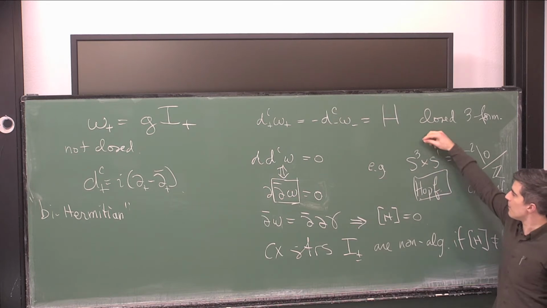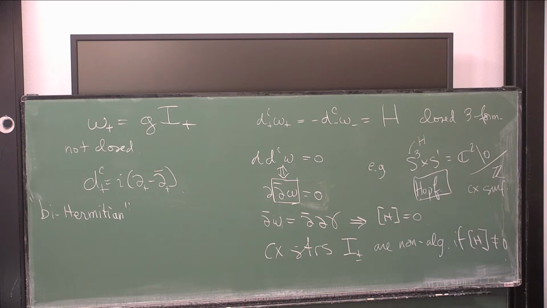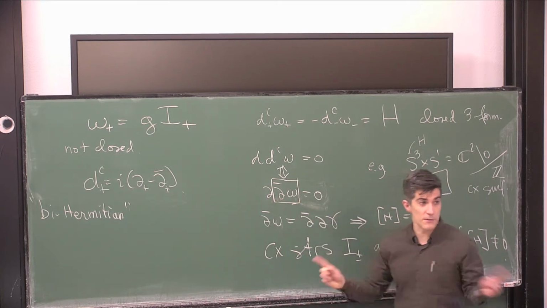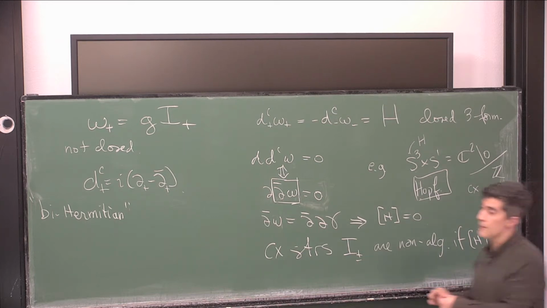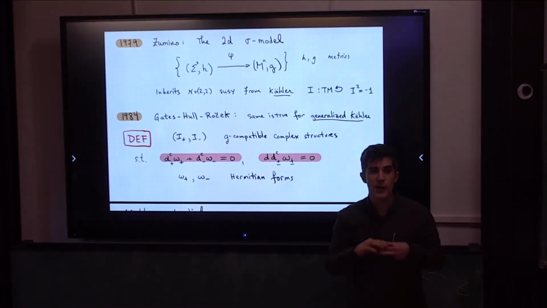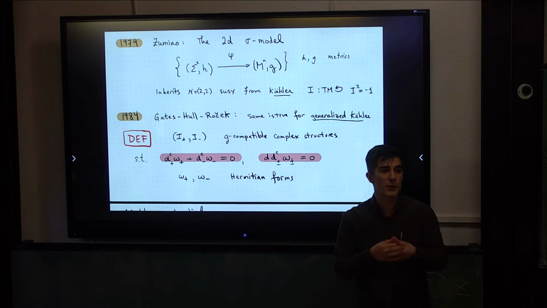So you have this 3 form, which is the volume form of the S3, and that's a perfect example of one of these classes. It's a non-zero class in cohomology, and it is exactly of this type. It's del bar exact and del closed, but it's not exact. So there's an interesting thing that if you want to find examples of these where the 3 form is non-zero, it's very challenging because the type of complex manifold you have to deal with is not algebraic.